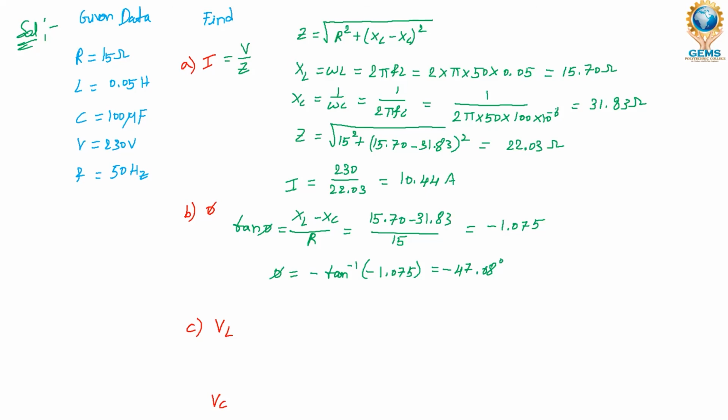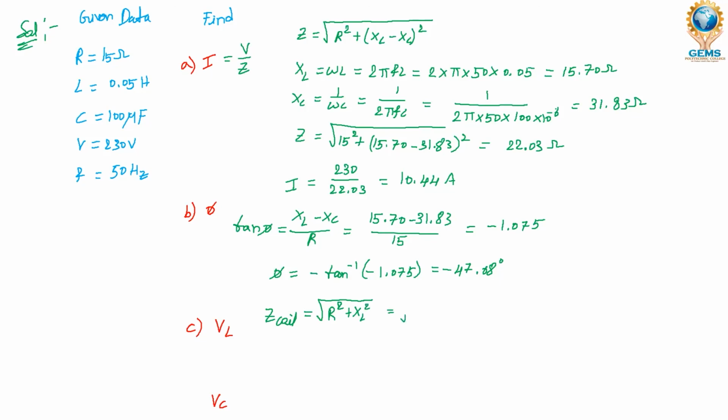Next we are going to calculate the impedance of the coil, that is ZL. Impedance of the coil, मतलब inductor, is square root of R square plus XL square.